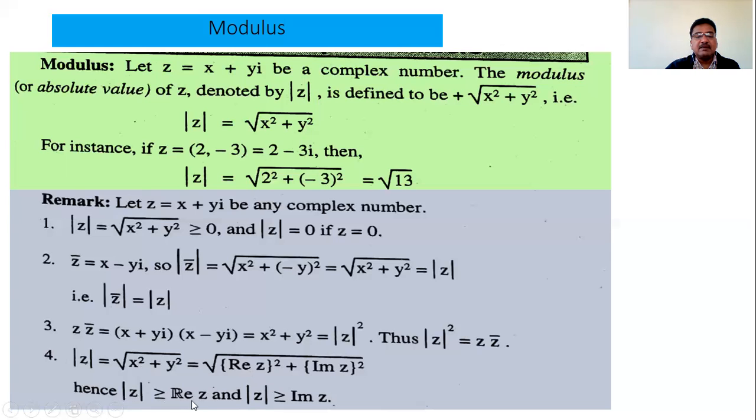Therefore mod z is always greater than or equal to the real part of z, and mod z is always greater than or equal to the imaginary part of z, because both are positive quantities, the real part squared and the imaginary part squared. These two are the same if the imaginary part is 0, and mod z and the imaginary part of z are the same if the real part is 0.